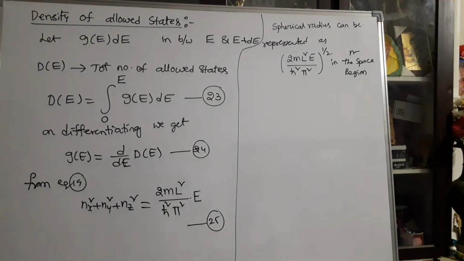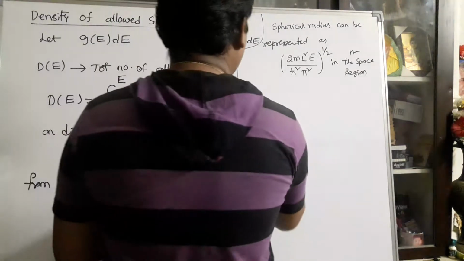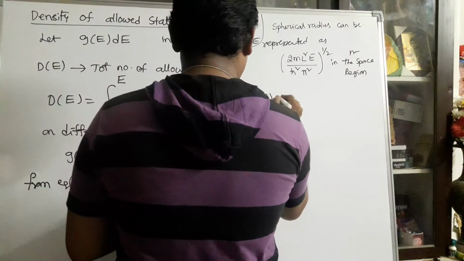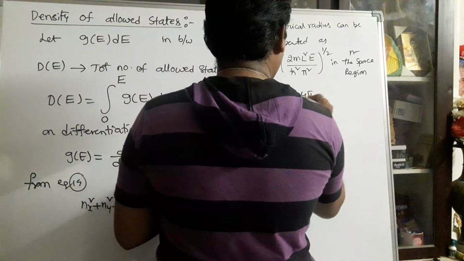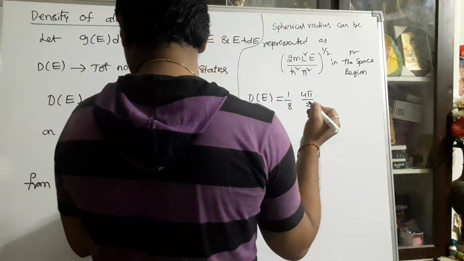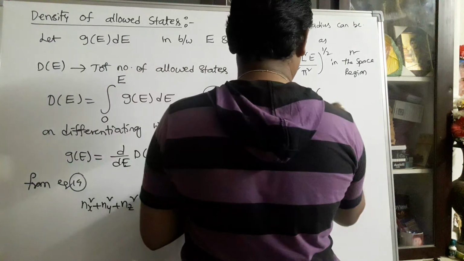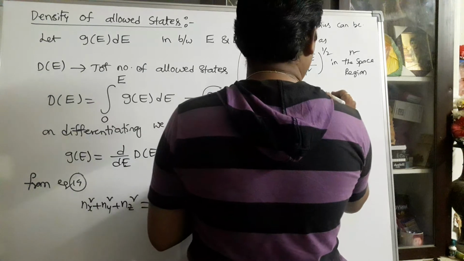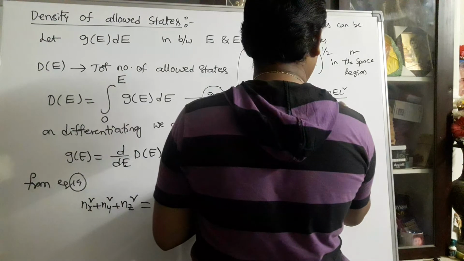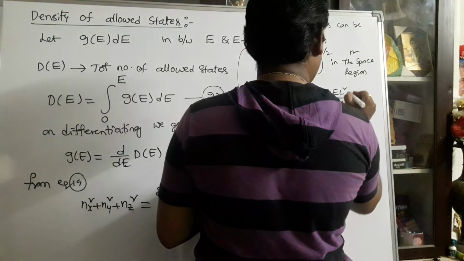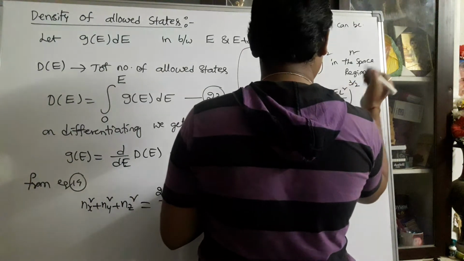So this equation can be substituted in equation number 24. You get the result D of E is equal to 1 by 8 times 4 pi by 3 into 2mEL square by h cut square pi square whole power 3 by 2.